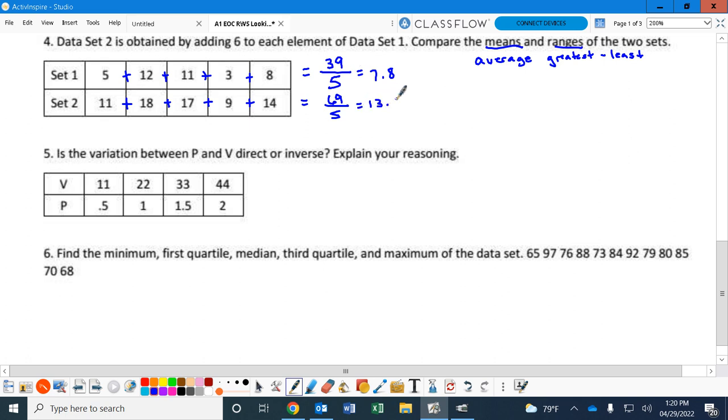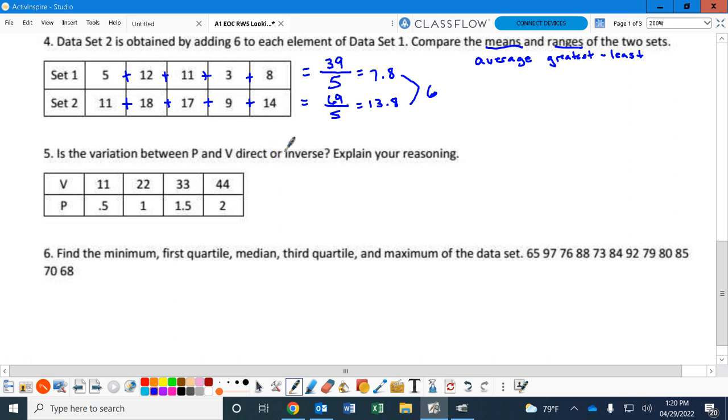13.8? Okay, what they want you to compare is compare the means and tell me how that relates to how they set up the data. Guys, look at them. The means are what? Look at how they're related to each other. How far apart are they? 6. And what did they do to every number in the set of data?